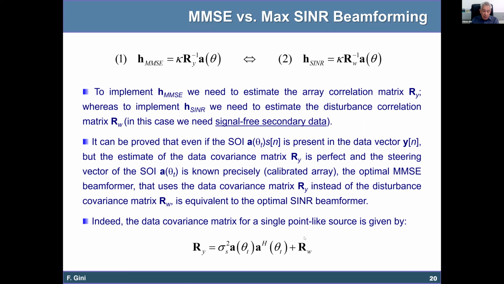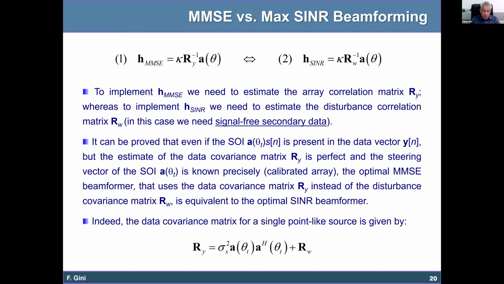Ry includes Rw, but also includes the signal contribution, and the signal contribution, in the case of a single point-like source, has this well-known structure. Apparently they are different, and there are very important differences that I will stress in practice later on.